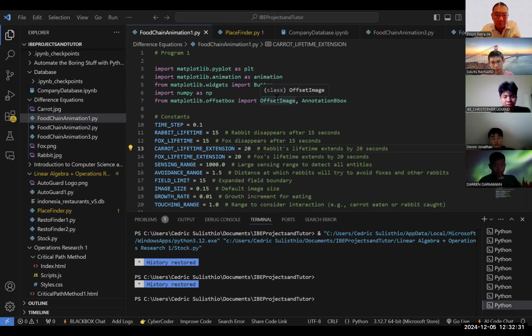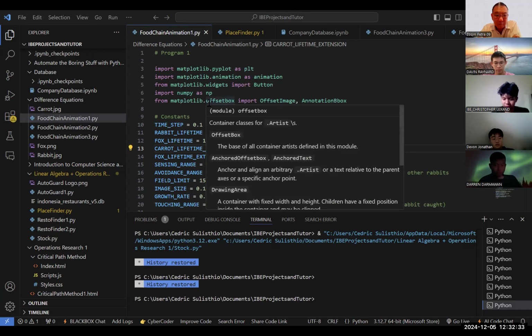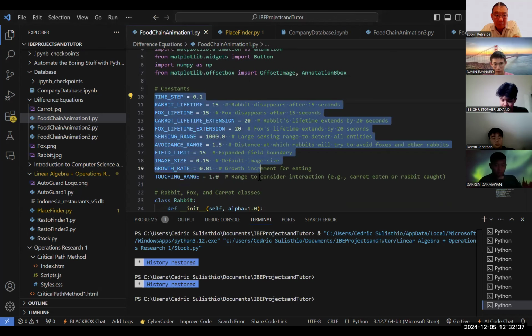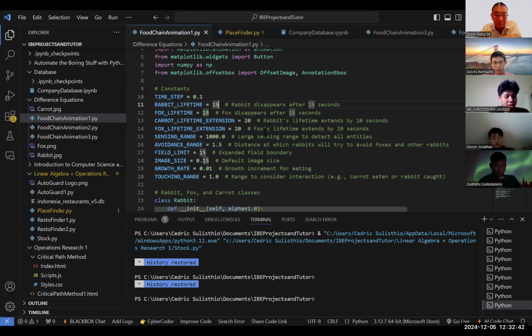Again, this is using matplotlib. This is the settings that I want you to know, sir. Rabbit lifetime is 15, you can adjust this. When one rabbit is spawned, it will live for 15 seconds, and you can adjust it with the user's input.